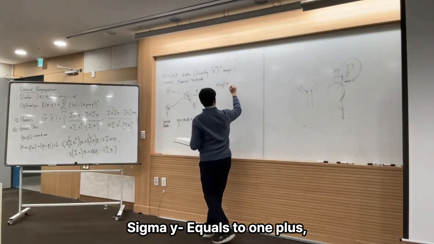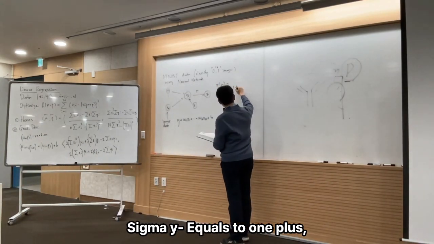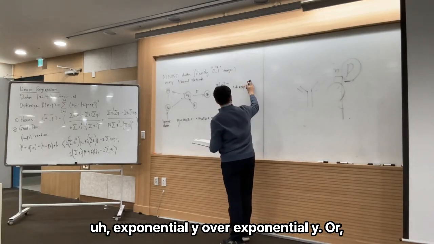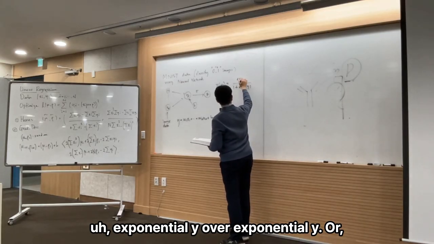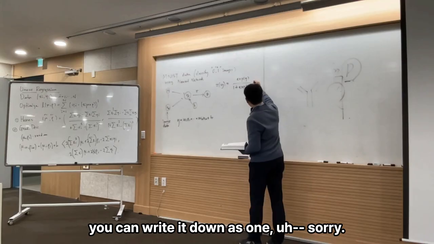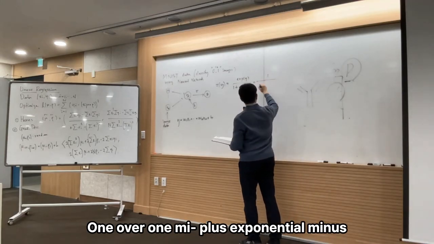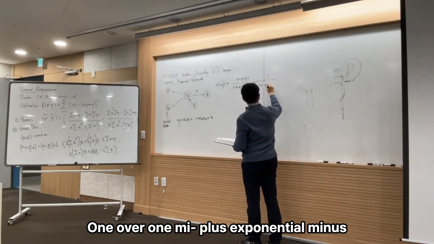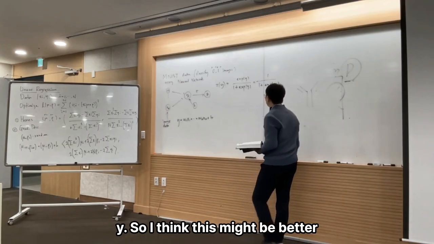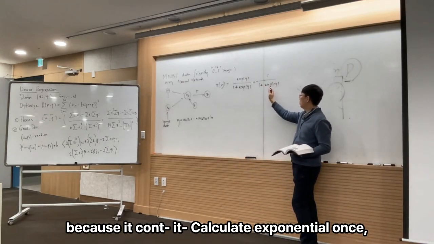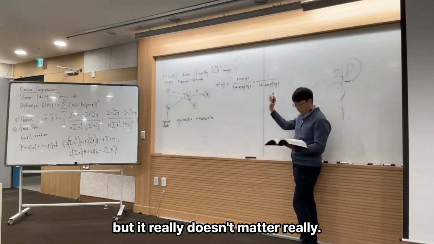Sigma of y equals exponential y over 1 plus exponential y. Or you can write it as 1 over 1 plus exponential minus y. I think this might be better because it calculates the exponential once. But it really doesn't matter.